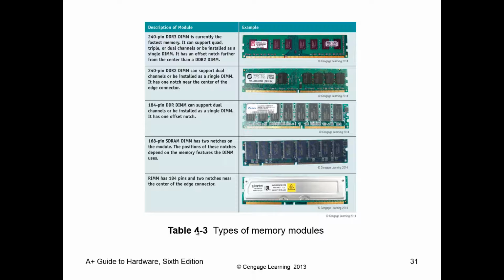So what we did was we had to get double the amount of memory. I'm actually going from the bottom up. I'm looking at the second from the bottom, the 168-pin SDRAM. That is older memory that's slow. So we had to have a way to double the memory, and what we did was we created DDR. All that is, is a way that the system could access the memory twice as fast.